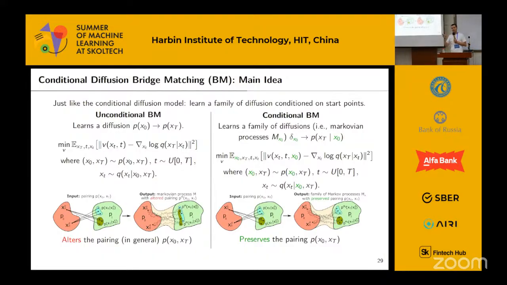It's a very naive idea, ideologically the same as what we do in conditional diffusion models. Instead of learning one unconditional diffusion, we learn many conditional diffusions. Each diffusion starts at its corresponding point and maps it to the distribution which corresponds to this point.